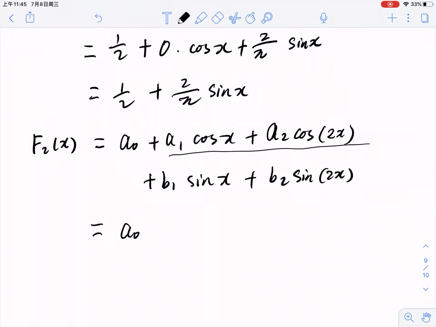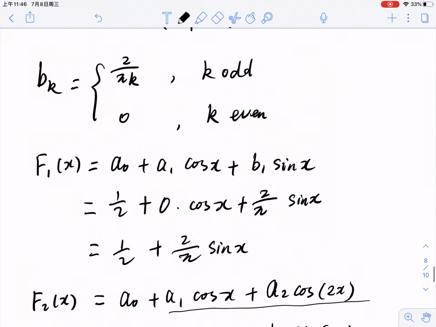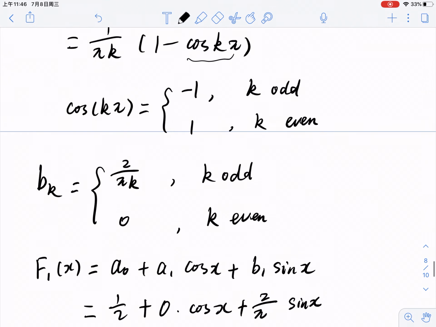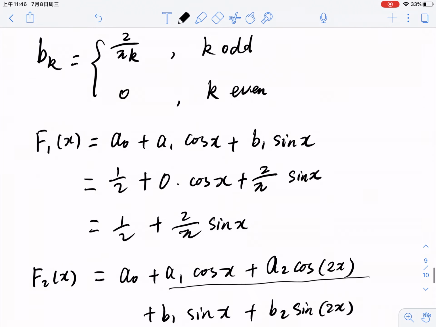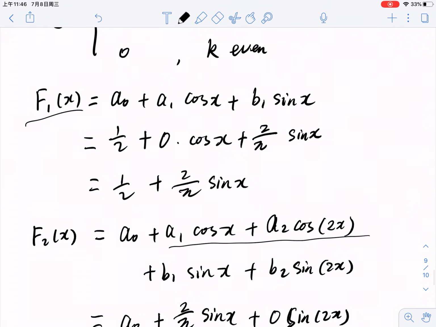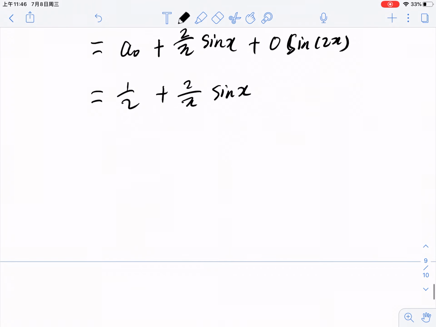So this is a0 plus b1 sine x, which is 2 over pi sine x, plus b2, but 2 is even, bk is 0, so it's 0 times sine 2x. So we get 1/2 plus 2 over pi sine x. So we see f1(x) is the same as f2(x).